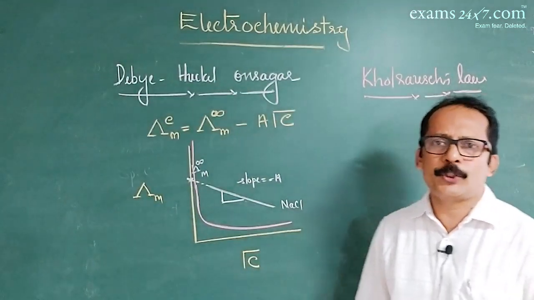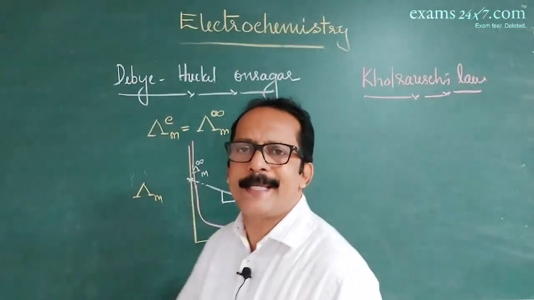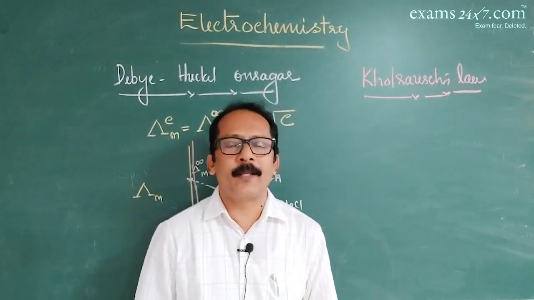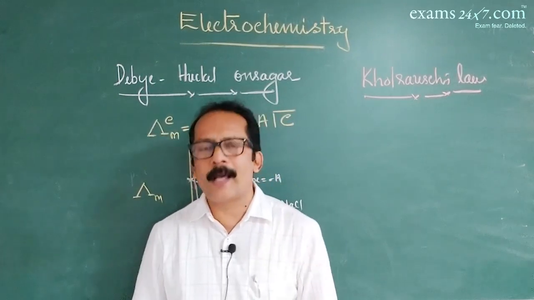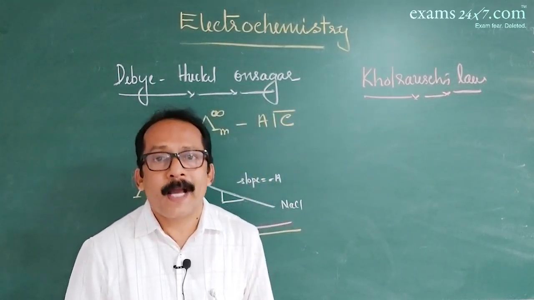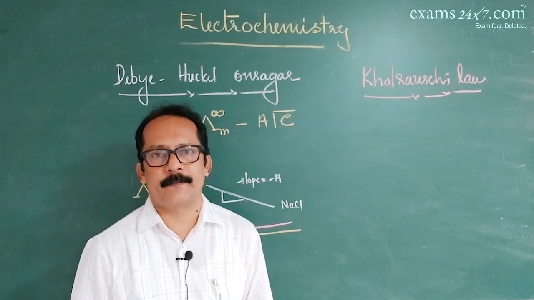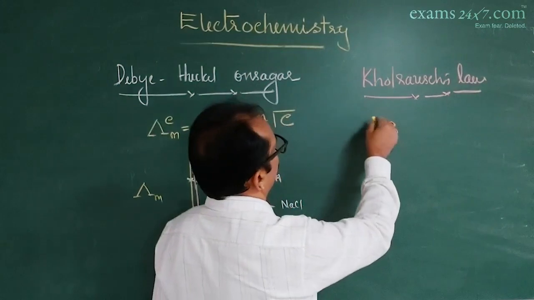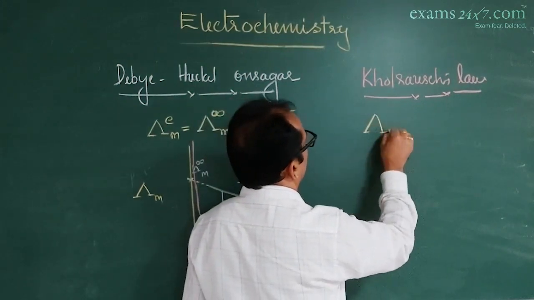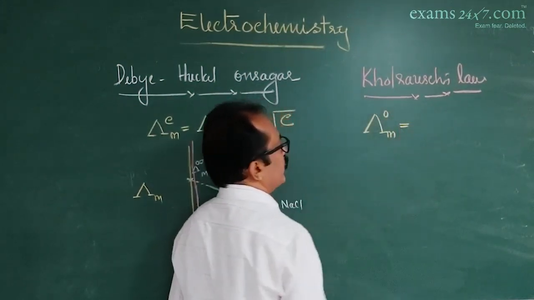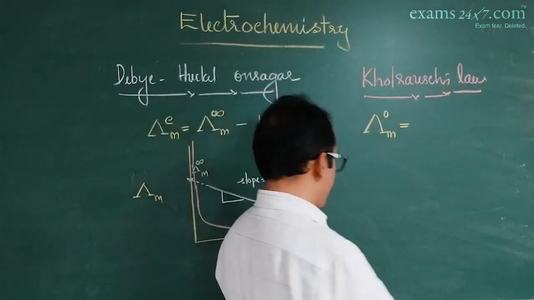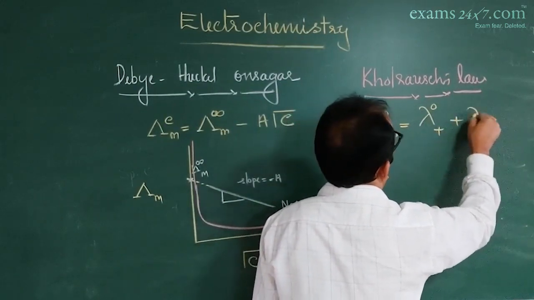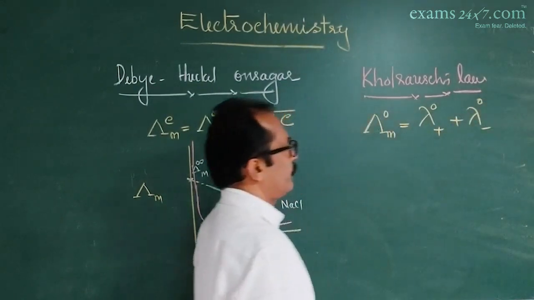At infinite dilution, the molar conductivity of a weak electrolyte can be calculated by knowing the contribution of the molar conductivity of the individual ions present in it. It can be represented like this: molar conductivity at infinite dilution is the sum of cation and anion contributions.